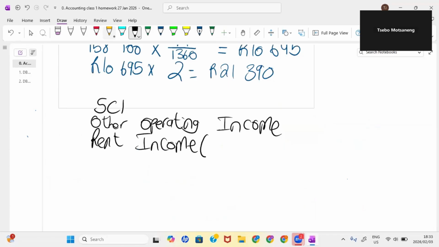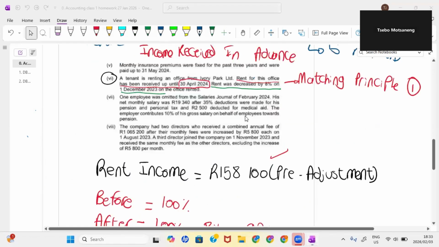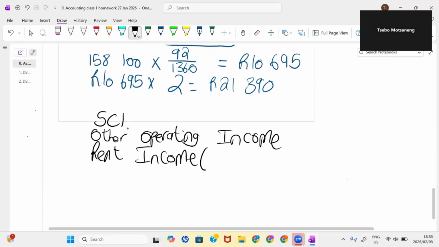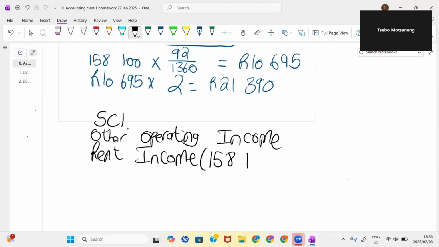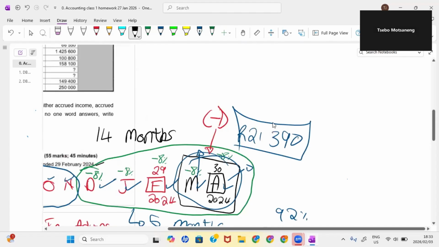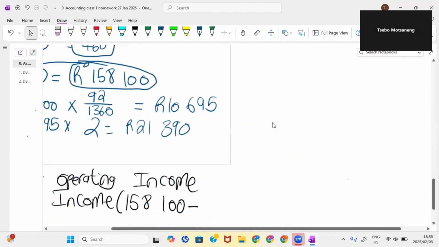We start with the pre-adjustment amount, the one that was given, 158,100. Then we subtract the 2 months that we got in advance, which is 21,390. What does that give us?